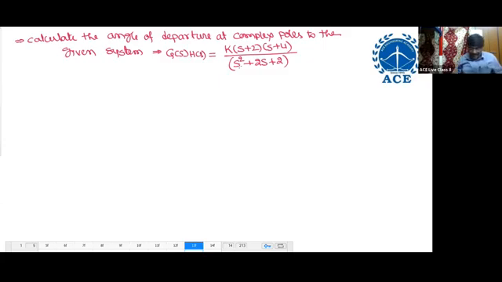So now listen, I'll do the problem. First calculate angle GH. Angle of first poles and zeros you represent.